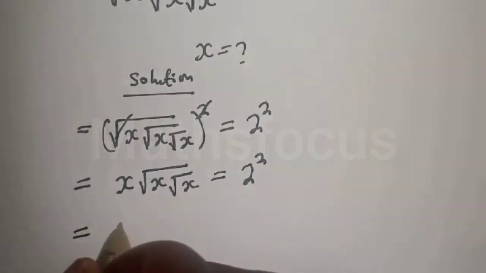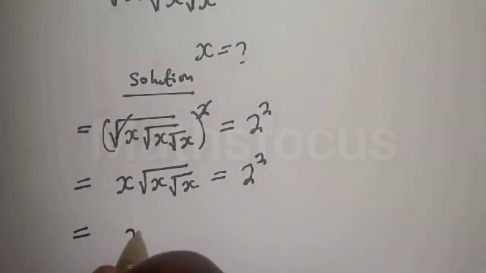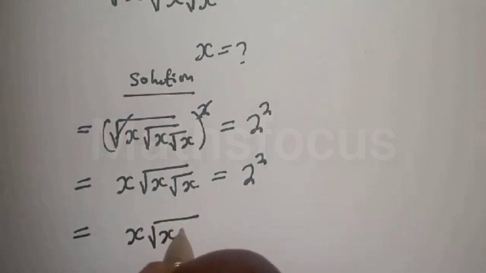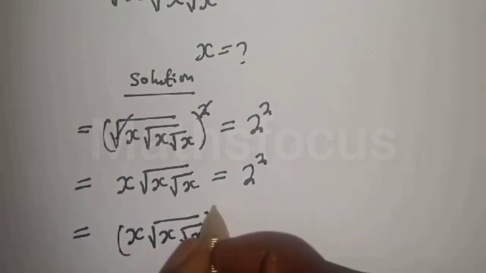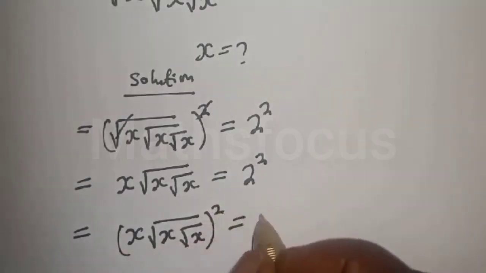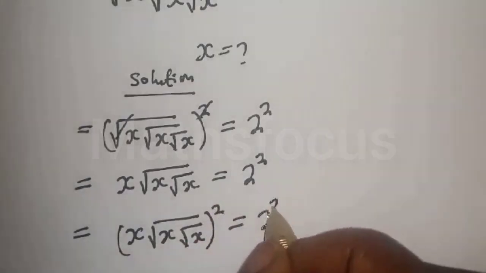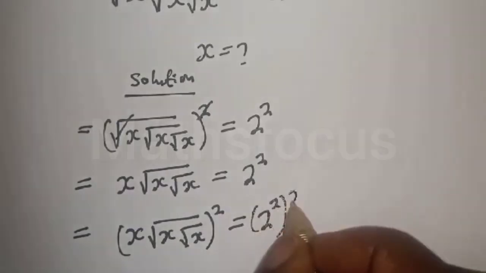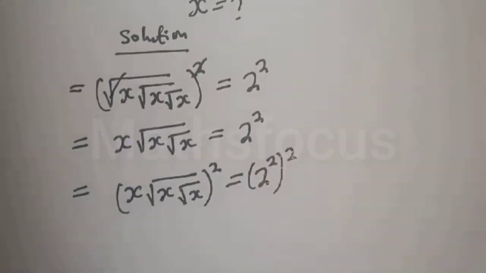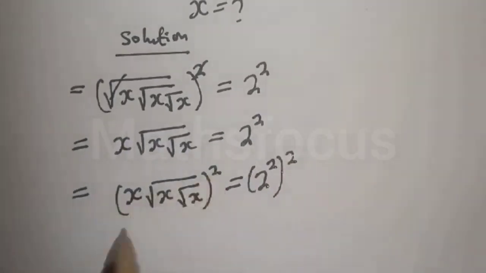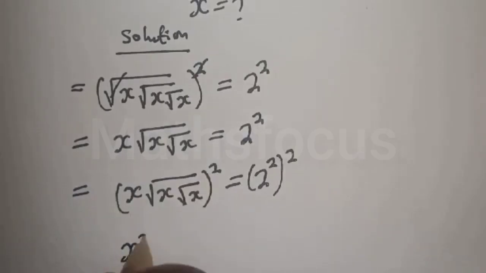This is equal to s, square root of s, square root of s, all squared is equal to 2 squared, squared. Then s squared is s squared, and this is s squared.